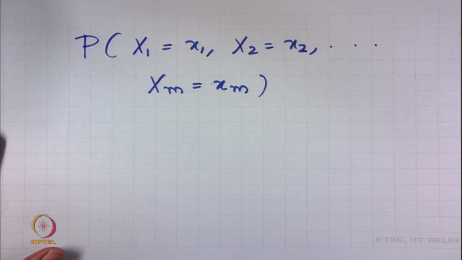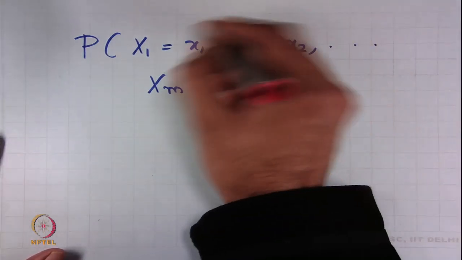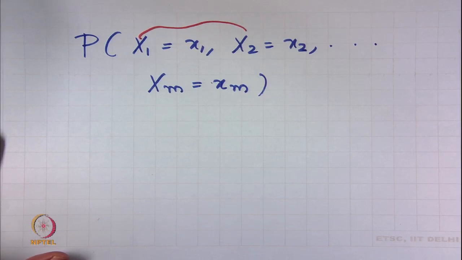Namely, x1 is taking a value around small x1, x2 is taking a value around small x2, and so on and so forth. Now, let me assume that x2 and x1 are linearly dependent. Okay. Rest, let us assume that they are linearly independent.